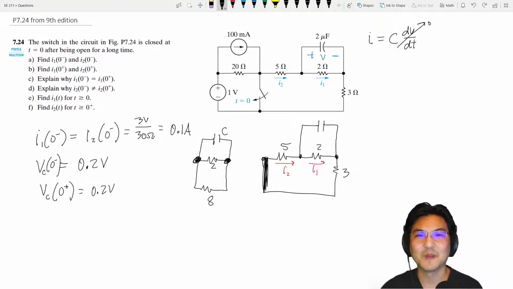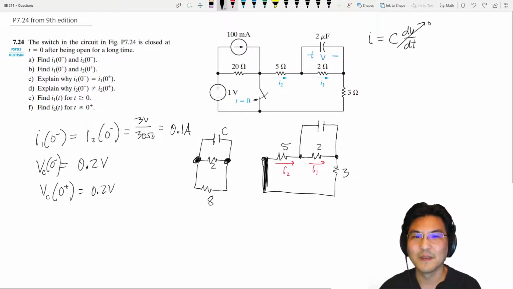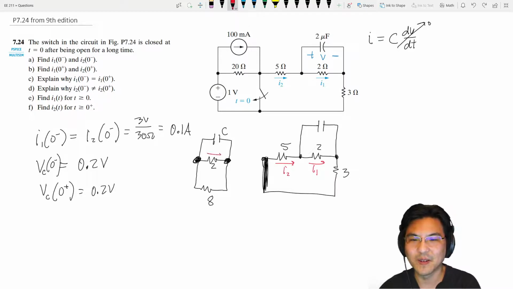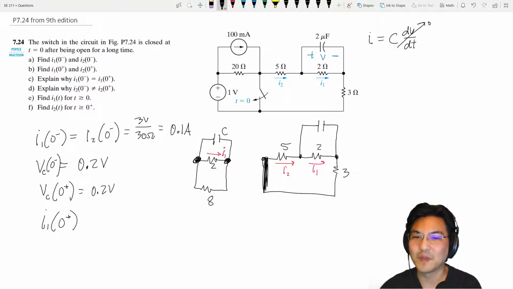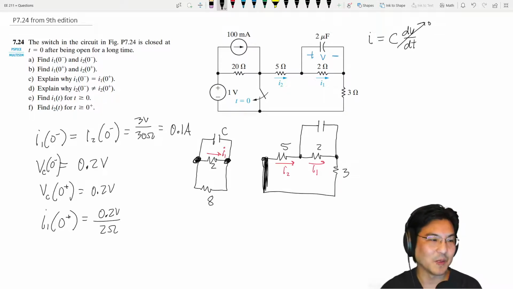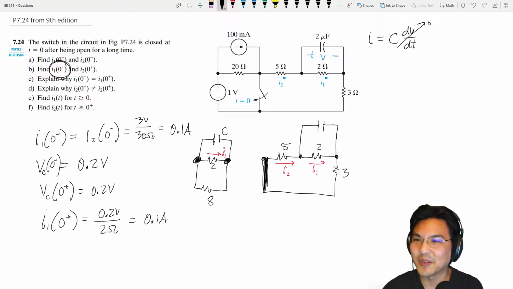That being said, what's the current going for I1 over here? I1 after is V over R, sorry, right? So 0.2 volts over 2 ohms, 0.1 amps. So that's this one over here. What about I2?